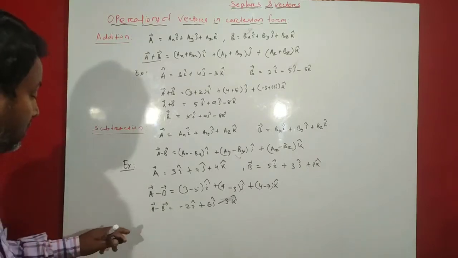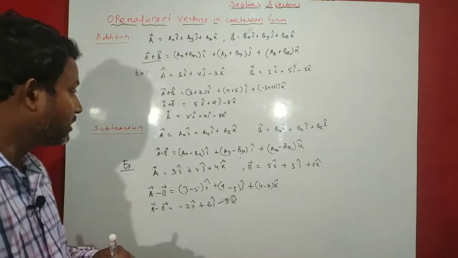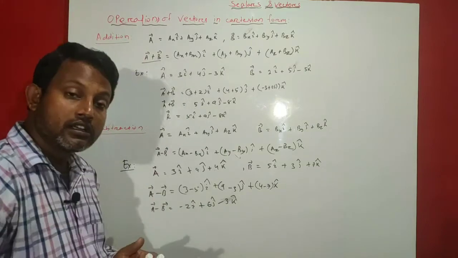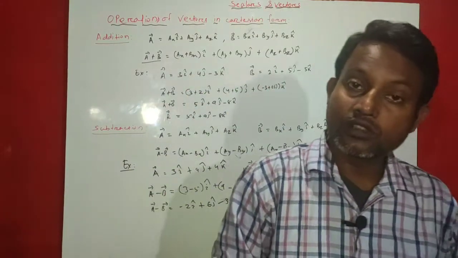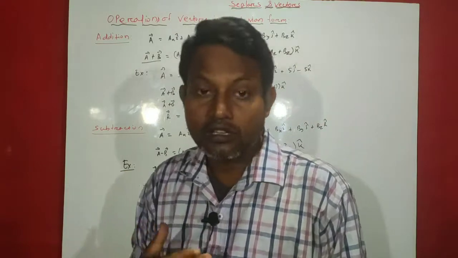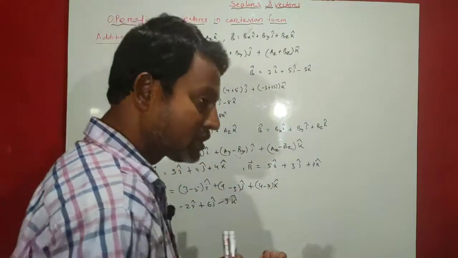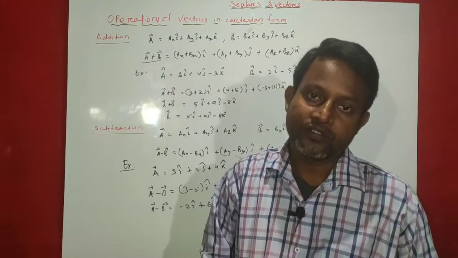A difference b is another vector which also has 3 coordinates. We can subtract or add two vectors of different dimension. That means we can add a 3D vector with a 2D vector, 3D vector with 3D vector, 3D vector with 1D vector.